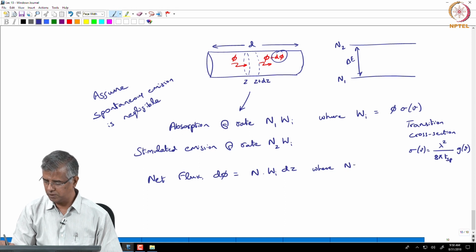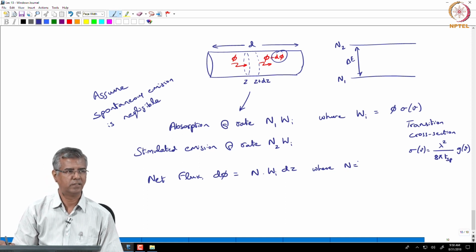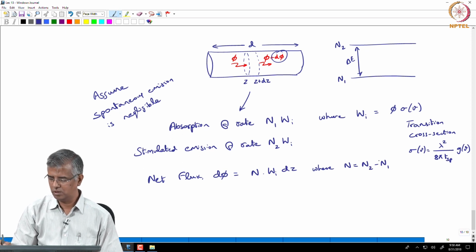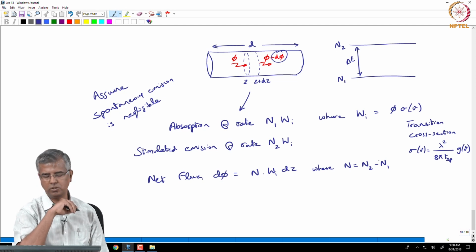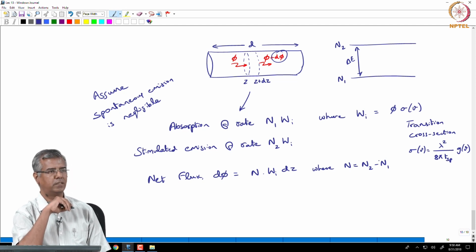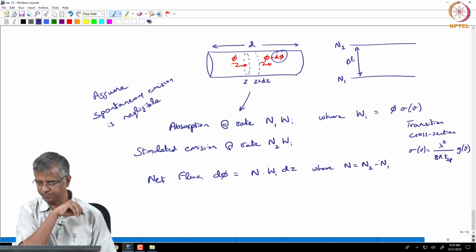what would N correspond to? Net emission, N2 minus N1, that is, N corresponds to the inversion that we have in the system.